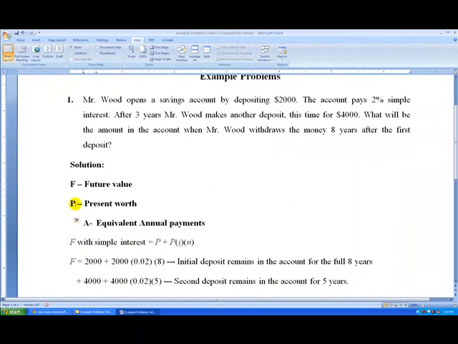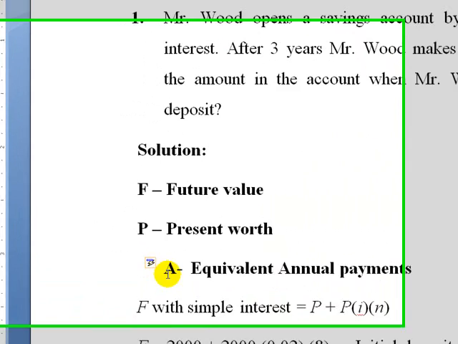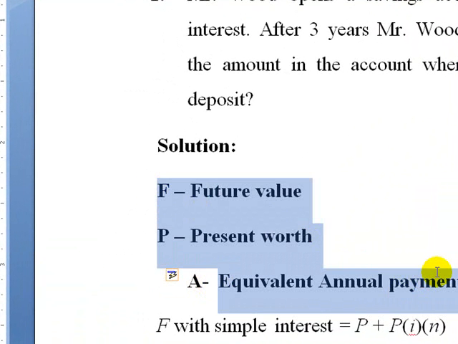Sometimes P is given and you will be asked to calculate F. Sometimes F is given, and you will be asked to calculate P. Sometimes present worth is given, and you will be asked to calculate equivalent annual cash flow or equivalent annual payment. So you need to be familiar with these three letters and what they indicate, right?